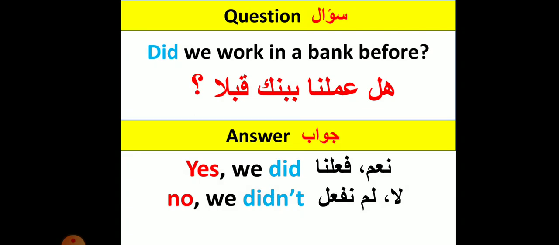If you see here, did is the verb to do conjugated in the simple past. Did is the auxiliary verb plus subject plus the verb. The main verb is always in the infinitive, okay? Verb to work. As you see here, we don't conjugate it. Yes, we did. No, we didn't.